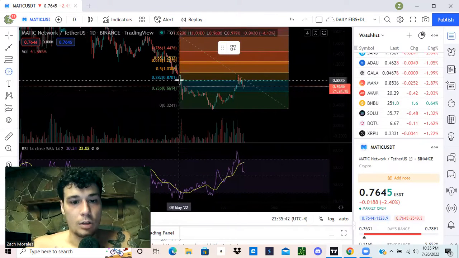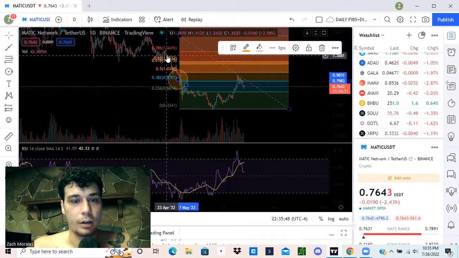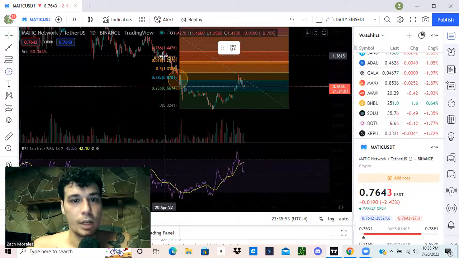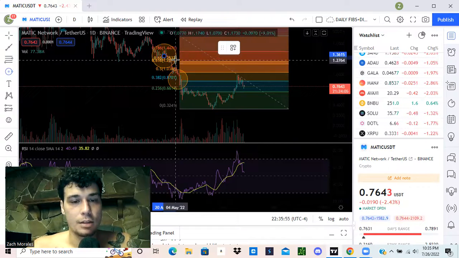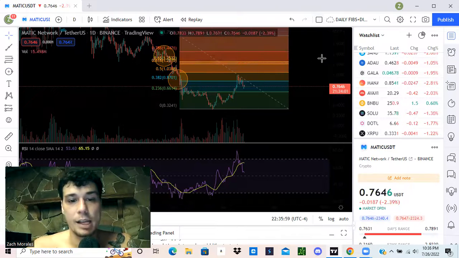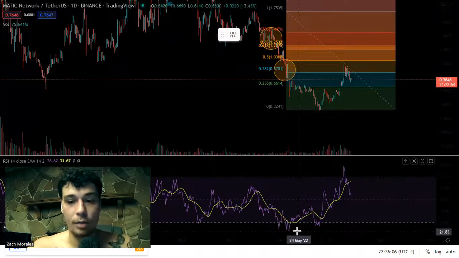So we'll draw a circle right around here, and right around here. So these are going to be our two areas where I want you guys to realize what happened on the coin chart, and then what happened on the actual RSI. And I'll go ahead and draw a nice little trend line up here for you.